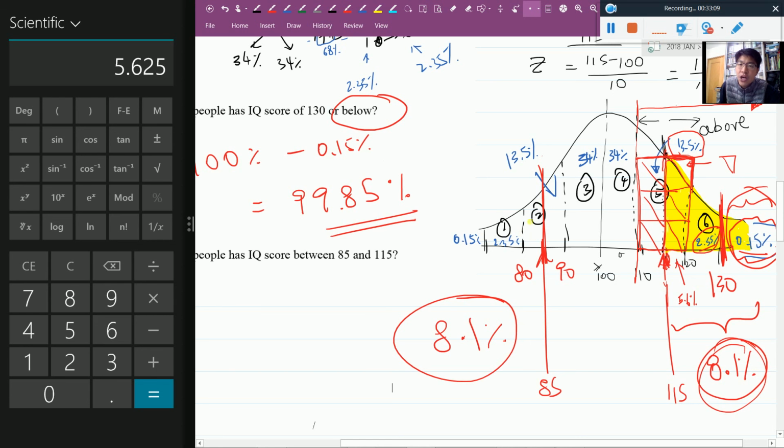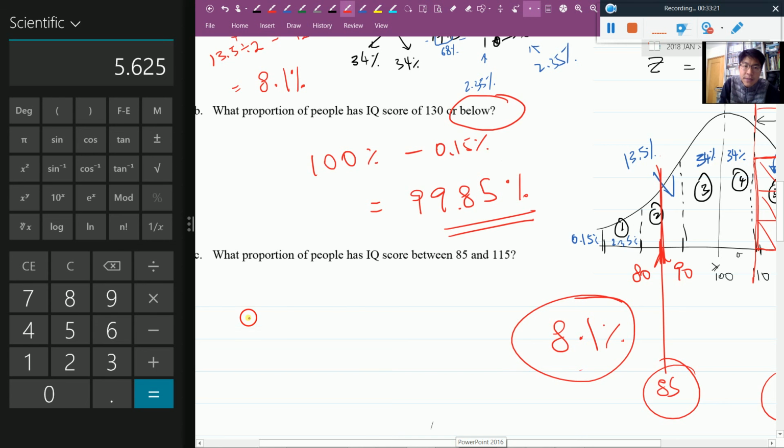So if you chop the region on the left and chop the region on the right, you will be able to find that 85 to 115 can be calculated by doing 100%. Take away one side is 8.1%, the other side is another 8.1%. 100 take away 8.1 and take away another 8.1.